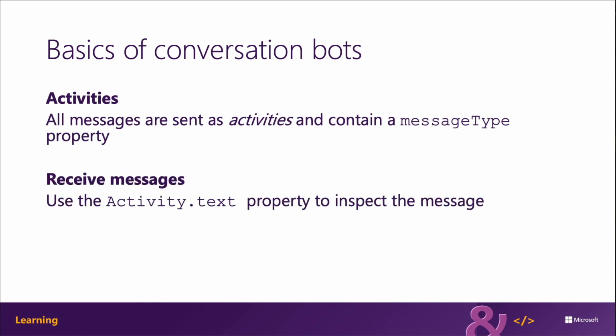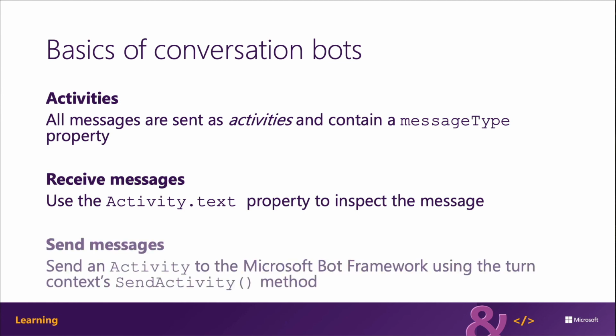To receive a text message, the text property of the activity object is going to be set. In the bot's activity handler, you're going to use the turn context object's activity to read a single message request. To send a text message, you're going to specify the string that you want to send as the activity, and in the bot's activity handler, you're going to use the turn context object's send activity method to send a single message response.